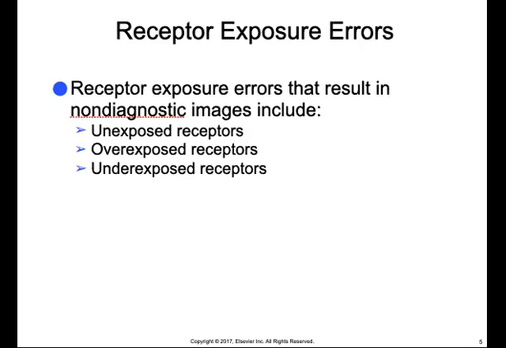So receptor exposure errors that result in non-diagnostic images include unexposed, overexposed, and underexposed receptors, and film that is accidentally exposed to light. All of these errors produce images that are too light or too dark. The dental radiographer must be able to recognize exposure errors and identify their causes, as well as know the necessary steps to correct such problems.